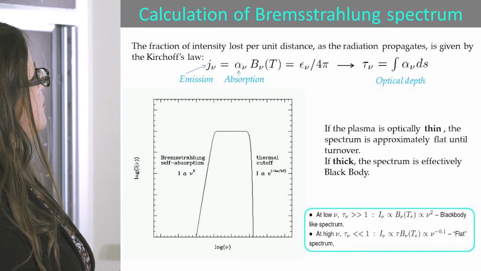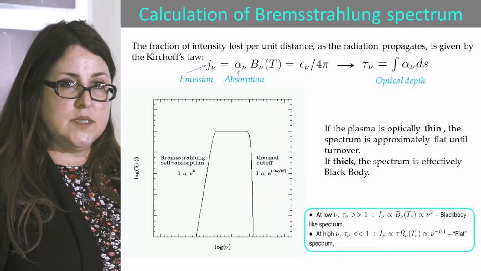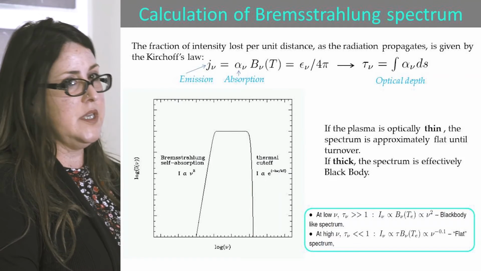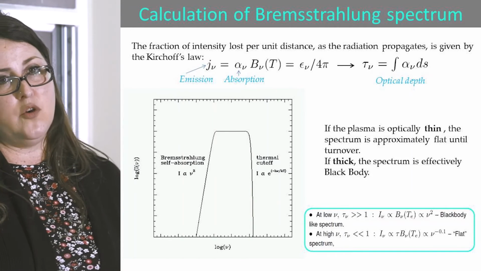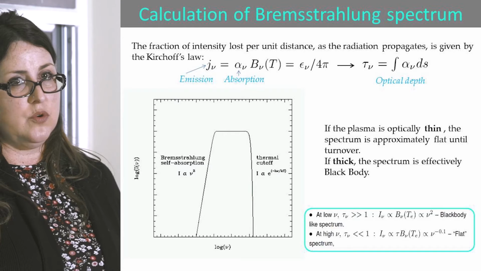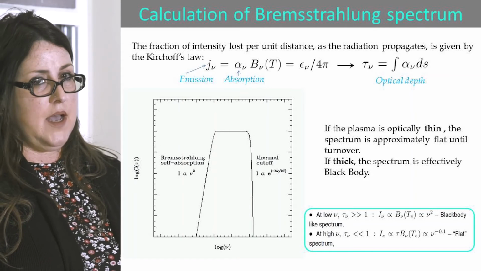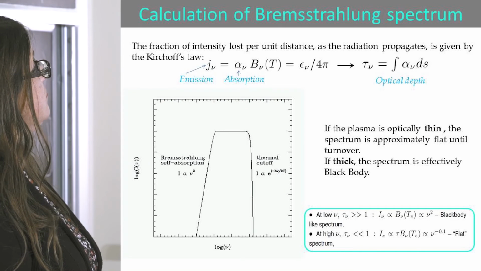And then you have a thermal cutoff, because every time you have a Maxwellian distribution of velocities, you also have a maximum of the kinetic energy of the particles, and so a maximum value of the energy of the photon which can be produced by this acceleration of the electrons.